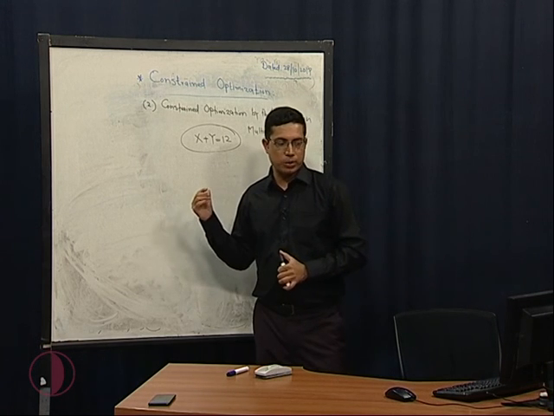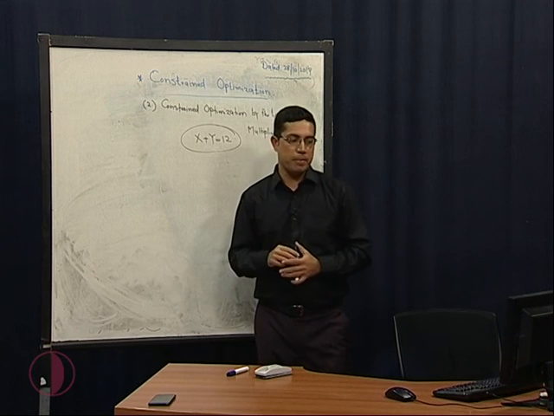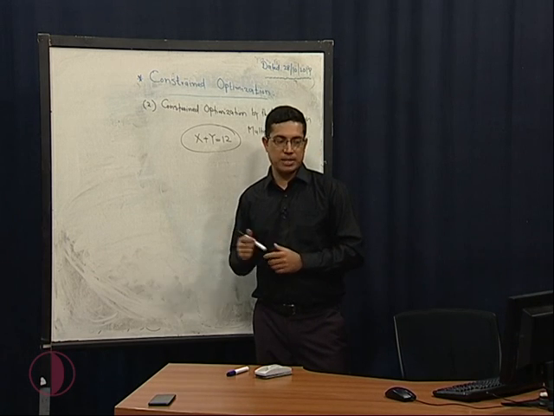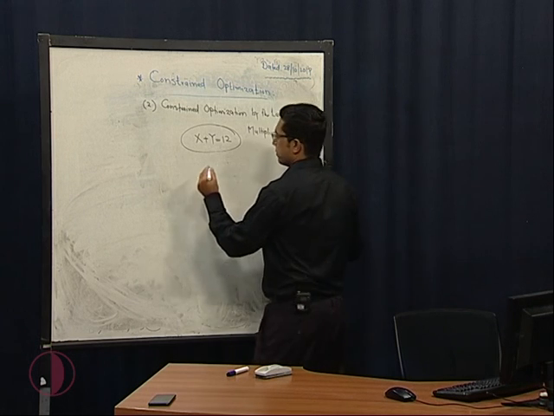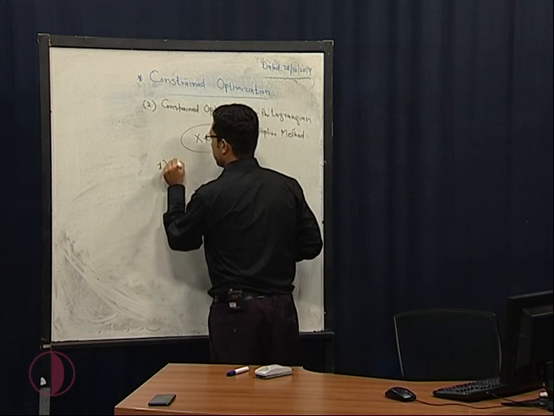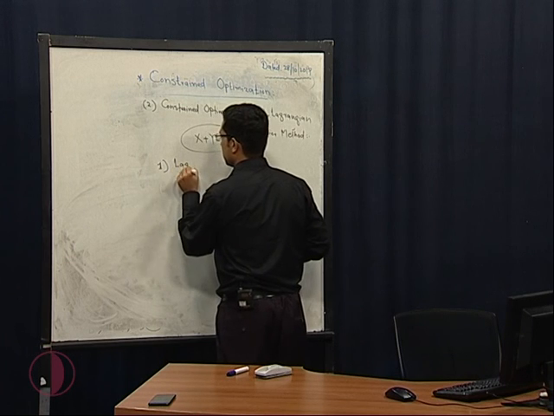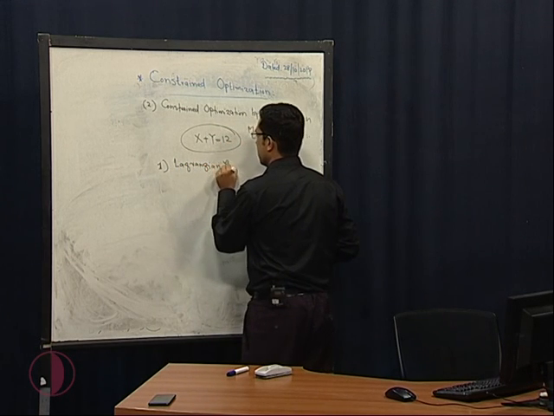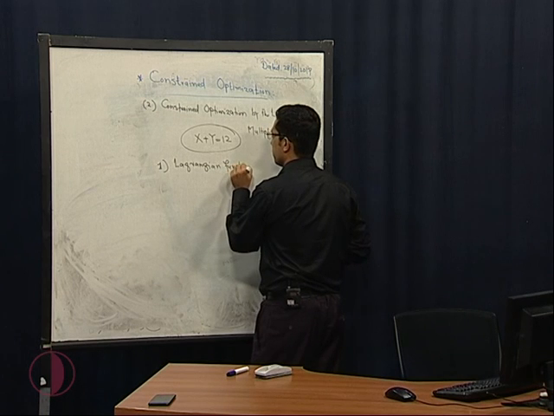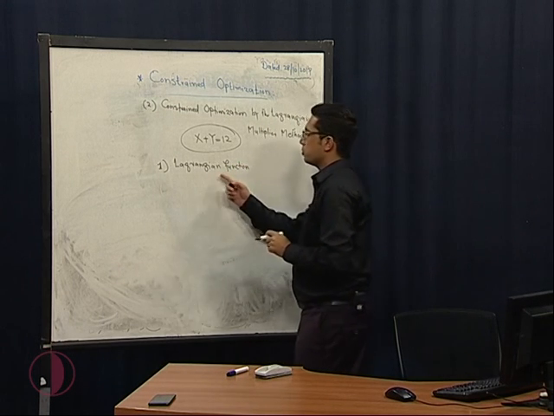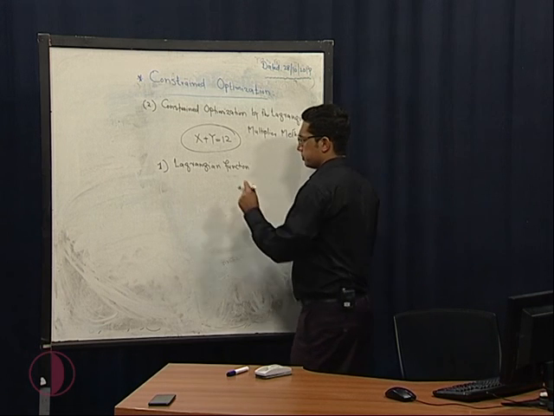This is given by the original objective function that the firm seeks to maximize or minimize plus lambda times the constraint function. The question is how to form a Lagrangian function.